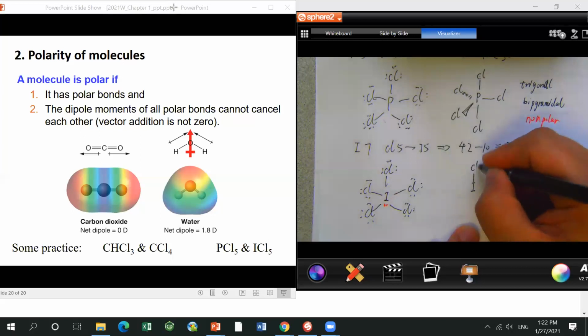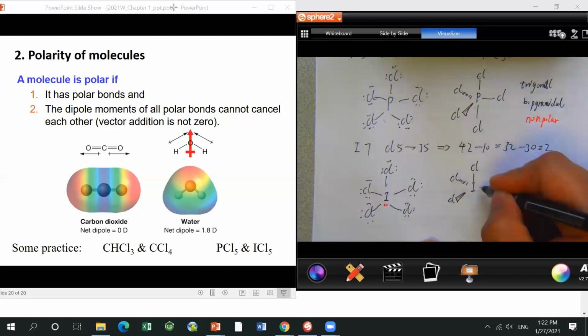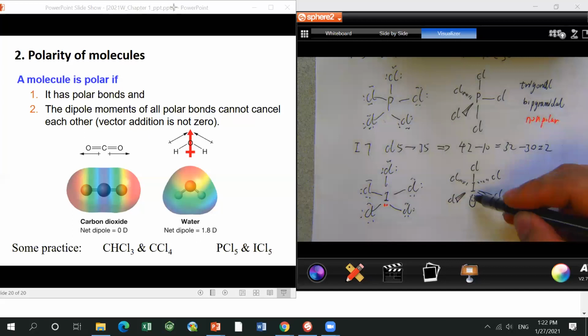Again, I ignore the lone pair electrons on the chlorines, but the lone pair on iodine has to be labeled. This lone pair takes up 1 electron density region. Then 4 chlorines are in 1 plane, and another chlorine is above this plane.